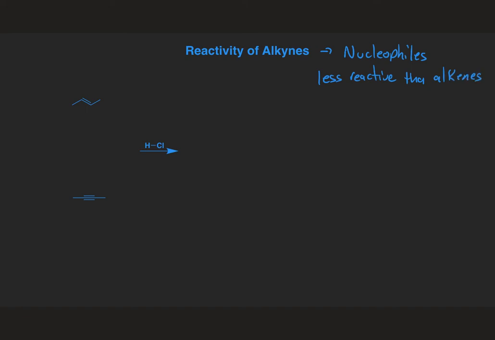When you think about the addition of HCl to an alkene, the rate determining step is the initial step, or the carbocation formation. And so that step involves donating electrons to the hydrogen and then kicking off that Cl to form this carbocation.